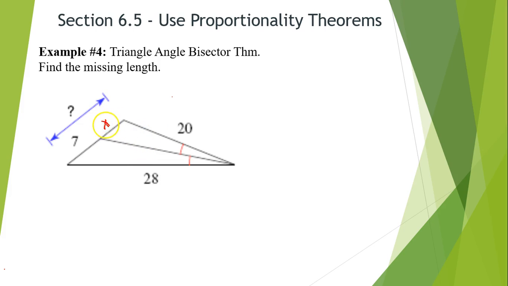We can say x over 7, just follow the theorem, is equal to, now this side, since you stated x, state the side length that it's adjacent to, so 20, over this side, 28. And solve that for x.